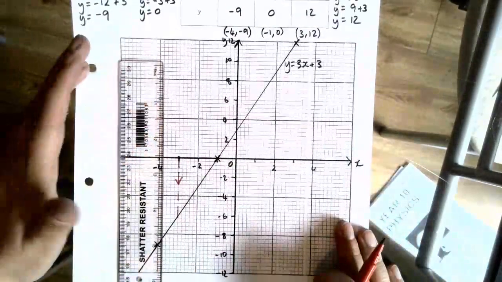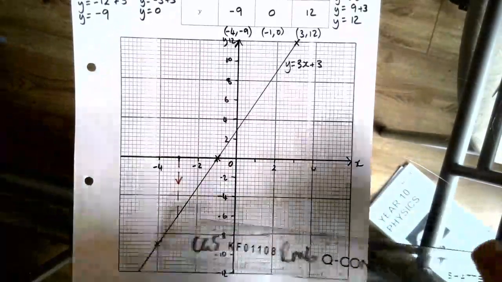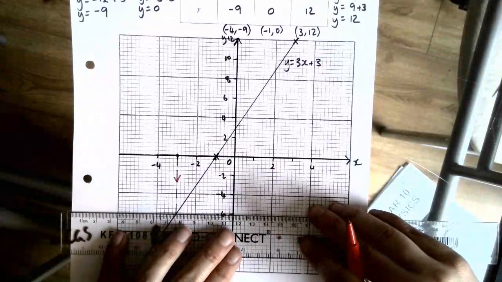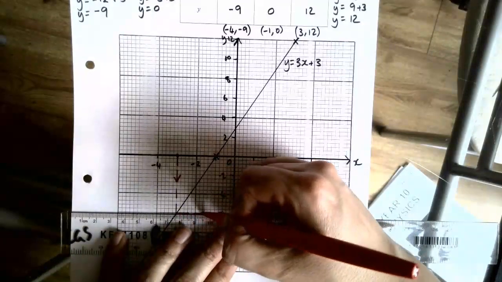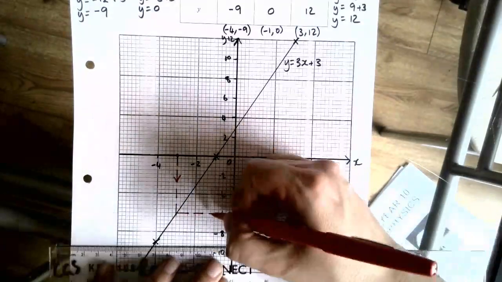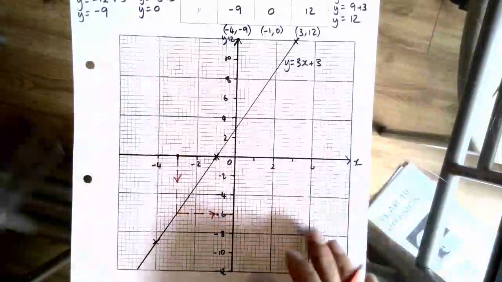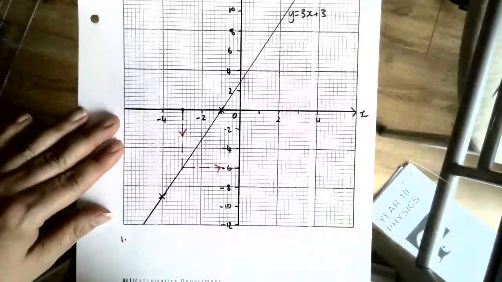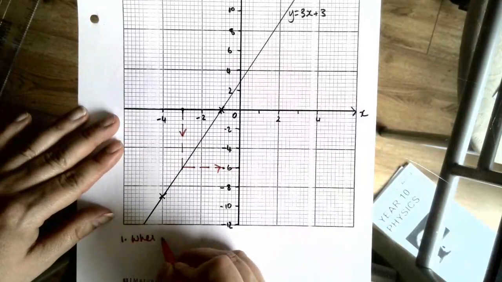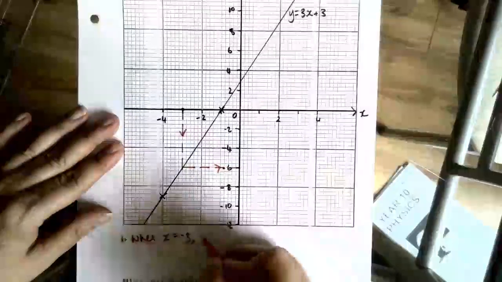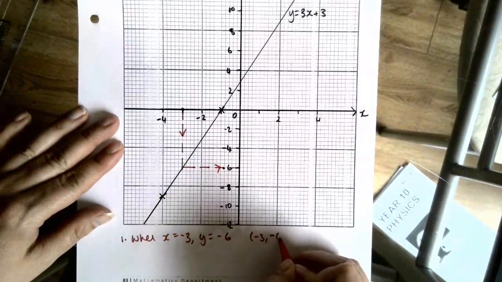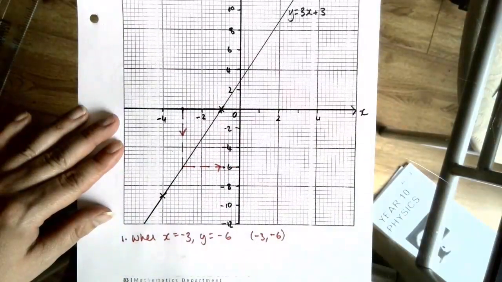I do a dashed line. You can do a solid line if you want. And then go across. So that tells me whenever x is minus 3, y is minus 6. So this was number 1 up there. When x equals minus 3, y equals minus 6. So that's the coordinates that it gives me.